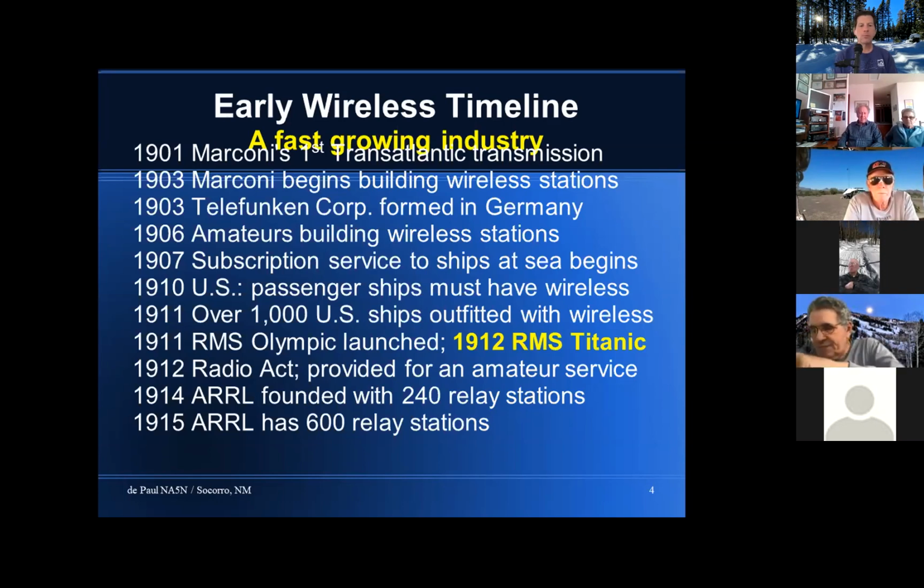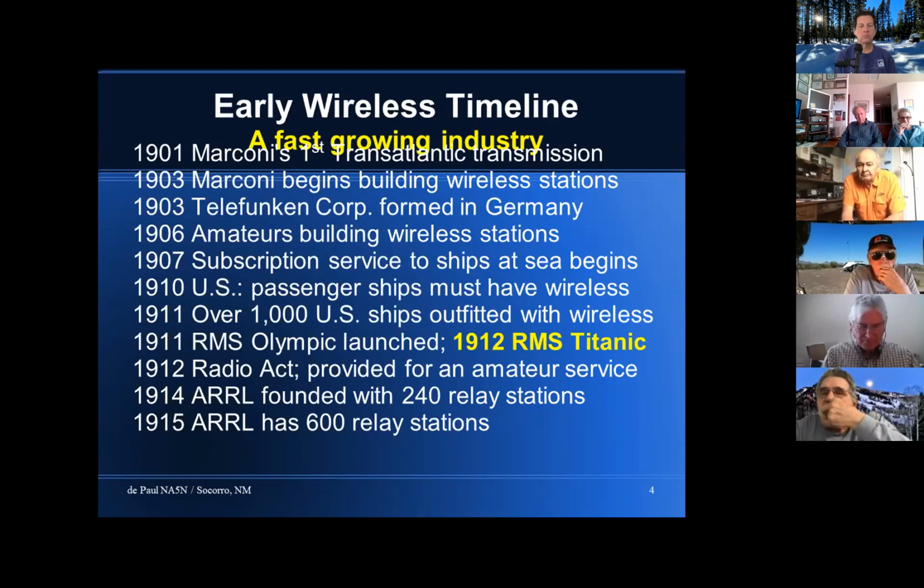As of 1910, U.S. passenger ships had to carry wireless, and by 1911, over 1,000 U.S. ships had wireless. In 1911, the Olympic, a sister ship of the Titanic, was launched, and it was the first ship to have a radio room built in as part of the ship.